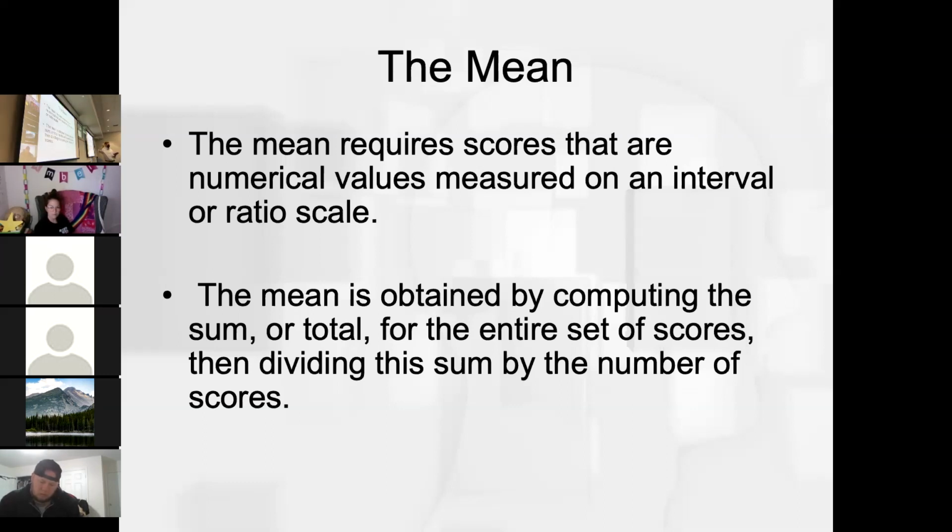Now, why is it interval or ratio? Why not nominal? Why can't we get the mean on nominal data? Because it has to be numerical, right?